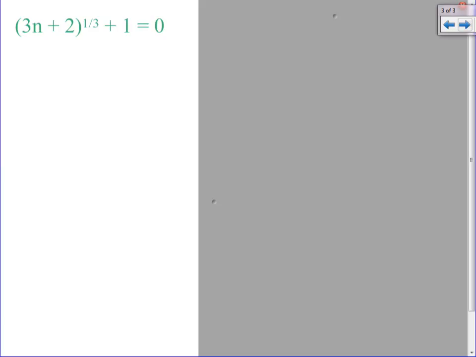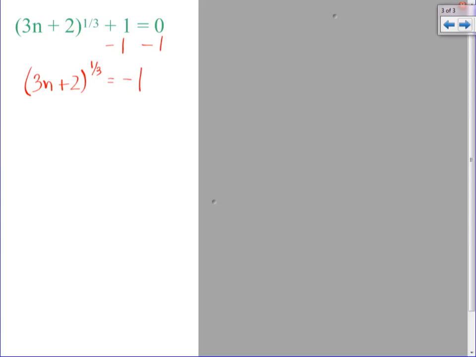No, we'll keep it in exponent form. Okay, so we're trying to get n by itself, so what should we do first? Not a trick question. Yeah, we'll move the 1 over. So we've got 3n plus 2, still to the 1/3, equals -1.